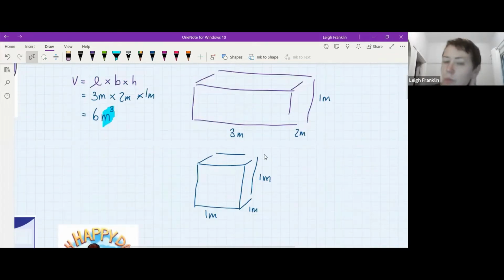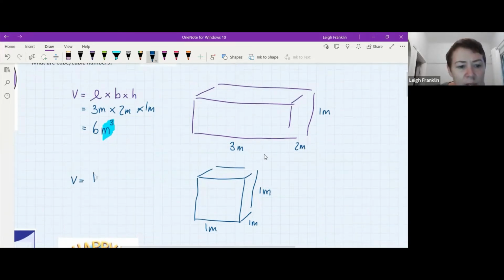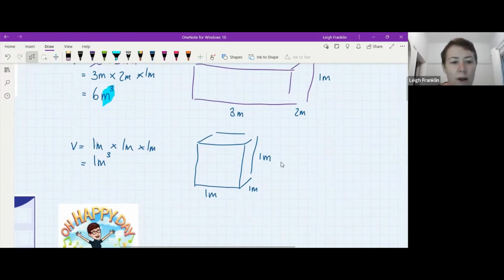So the difference between it being a cuboid and it being a perfect cube is that 1 meter by 1 meter by 1 meter would be 1 perfect cubic meter. Right, so perfect cubes make the shape of the blue object, not the purple one.